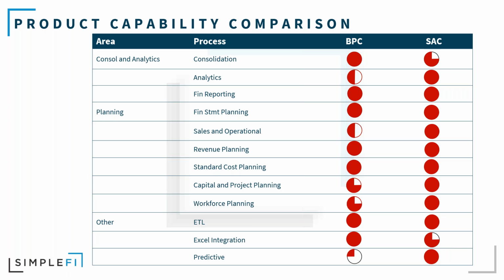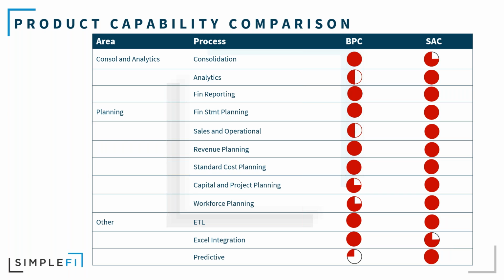They have added in the last 6 months some really good enhanced functionality within that Excel interface that we'll talk through. But when we look at what SAC can do compared to some big limitations that we're not going to ever really see in BPC, it's that combined BI analytics dashboard functionality, being able to marry both your reports and your visualizations together.